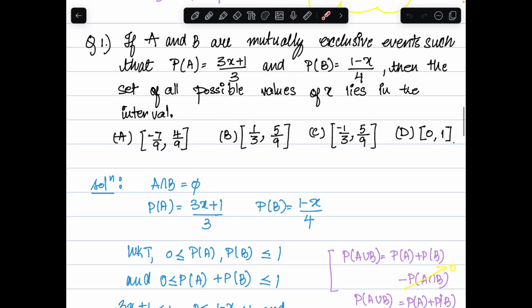Let's first see what is given. They have said A and B are mutually exclusive events. That means their intersection is null. Probability of A is given, probability of B is given. Next, using the probability theorem, I know that probability always lies between 0 and 1 inclusive.